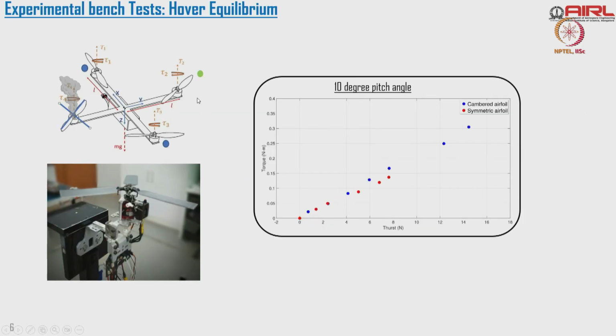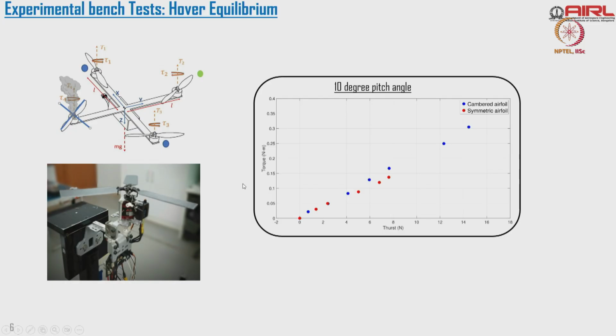So what we did, we designed this particular propeller, and the propeller has been fabricated in the lab, and what you see in the picture is the propeller that we fabricated. First thing we need to do is test the whole system. What is the thrust that we are getting? For the cambered aerofoil, how much torque is it going to produce?